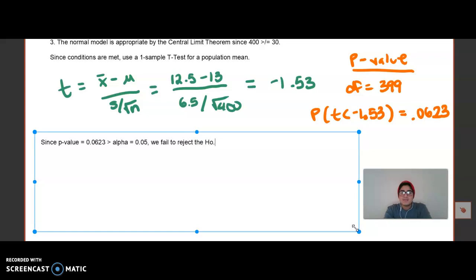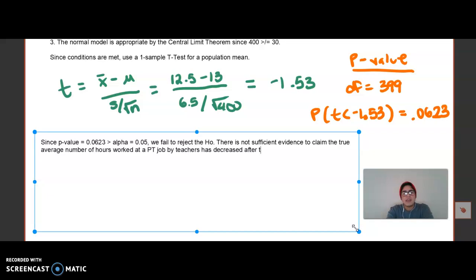We fail to reject because there is not sufficient evidence to claim the true average number of hours worked at a part-time job by teachers has decreased after the salary increase. So we don't have enough evidence to verify that the salary increase actually did help with the number of hours that teachers were working.